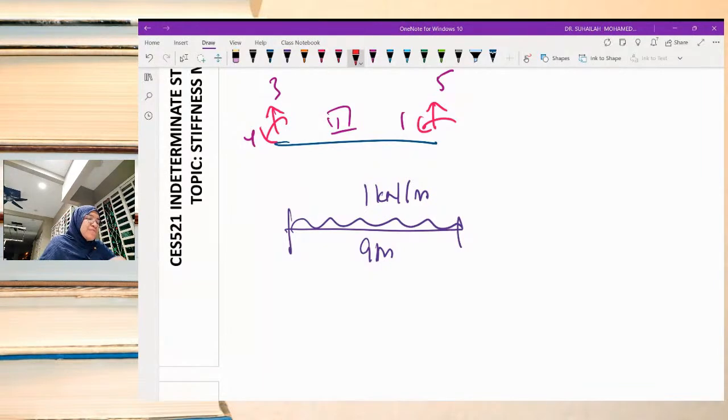So for the fixed end reaction, this is the vertical reaction, and this is WL over 2.